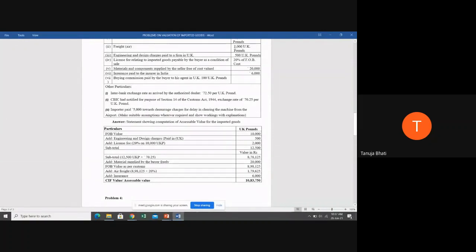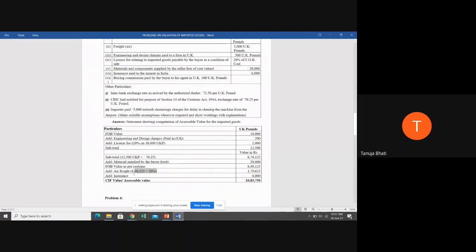Convert this 3,000 UK pounds into rupees and tell me what the value is. So 3,000 into 70.25, you get the actual air freight as 2,10,750.